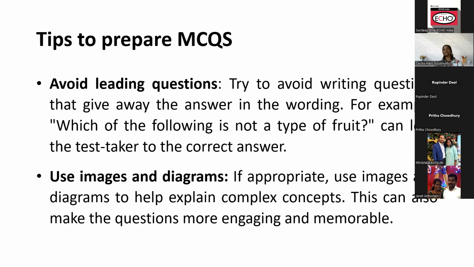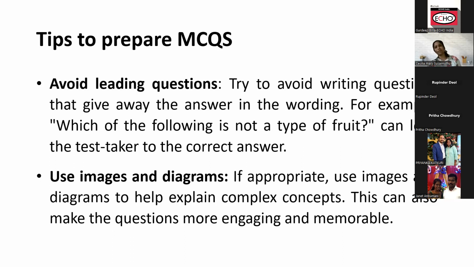Use images and diagrams, if at all appropriate. For example, you want a second year student to know the types of cannula, and you want to assess that. Instead of saying it in a sentence, put a picture of a cannula, and the question is, what is the purpose of this, or what is the size of this cannula?